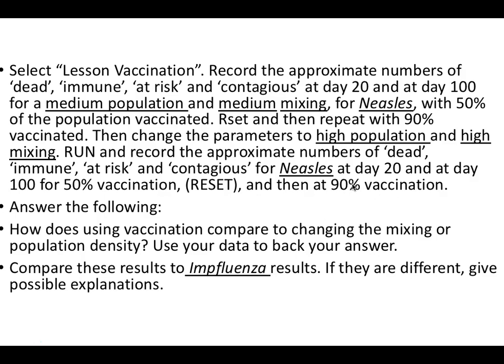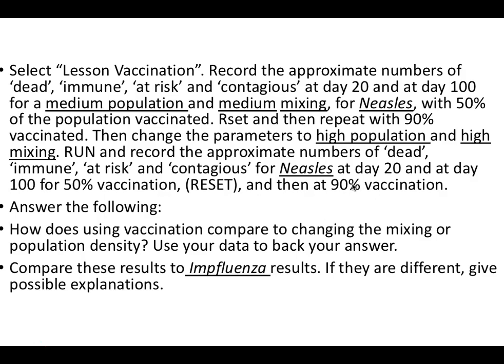Now, you've done a lot under vaccination. So I want you to sit back and look at everything you've done. How does using vaccination compare to changing the mix or the population density? Is it more effective, high, medium, whatever? You're going to get that from your data. And use your data.